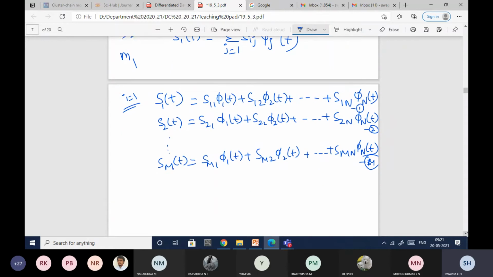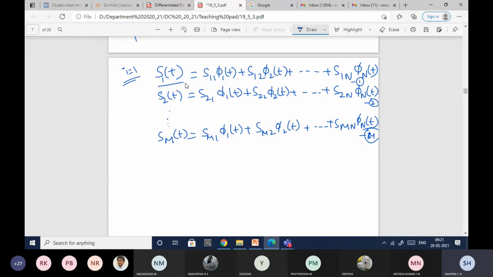Let us assume these are my equations. I will be able to represent S1 of t, S2 of t, Sm of t in this form only when phi 1 of t, phi 2 of t, phi n of t are orthonormal basis functions. So what is the condition for orthonormal basis functions? We already know that.